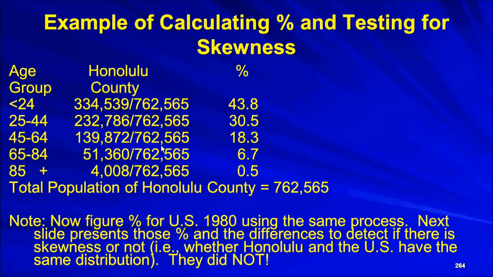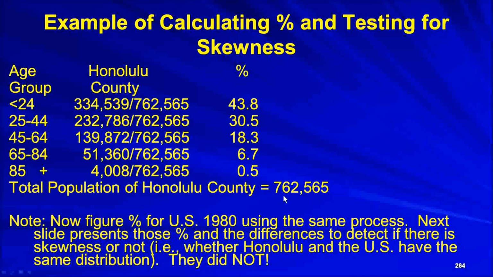Now you can see under 24 and under, we have done the division, and this is the distribution or the percentage that we come up with. It's still having to do with distribution. All of our calculations have to do with distribution, and this tells you how many we have in each age-specific group relative to one another. Okay?